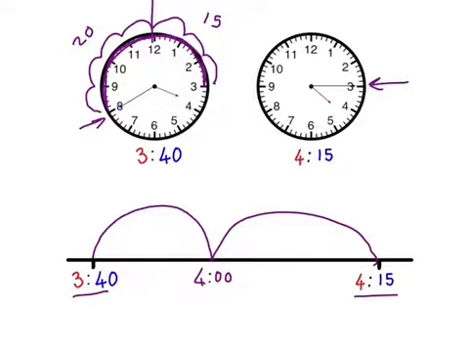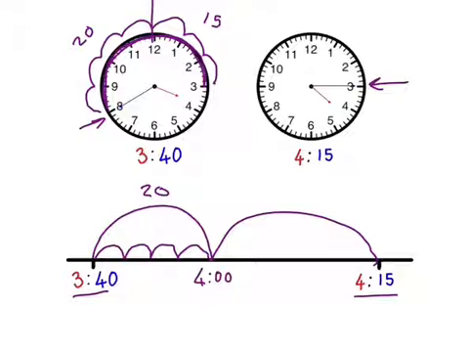So what gets me from 3:40 to 4 o'clock? Well, there's 60 minutes in an hour, so I need to count up to 60. So 40, 45, 50, 55, 60. That took 20 minutes.